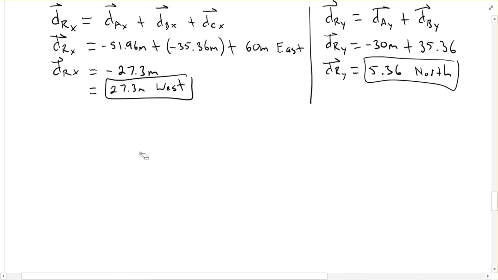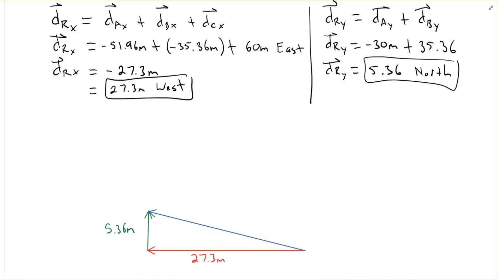I gotta draw that a little lower. Pretend that bump's not there. And then tip to tail, the next one's gonna go just 5.36 north. So I'm gonna write. Okay, I got tired of trying to make straight lines, so there you go. I used the other program to do that.